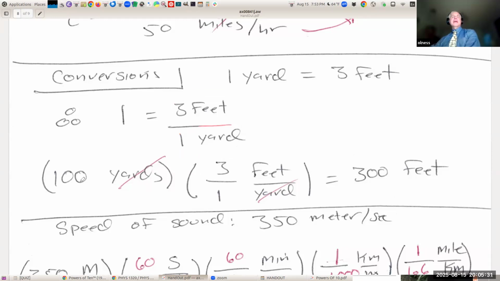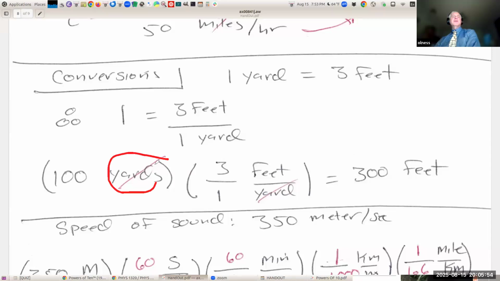And what can I do with that? Well, if I have 100 yards, I'm going to multiply that by 1. If I multiply it by 1, I won't have changed it, but I multiply it in this funny form, where I have 3 feet over 1 yard. Now let's look at the units.